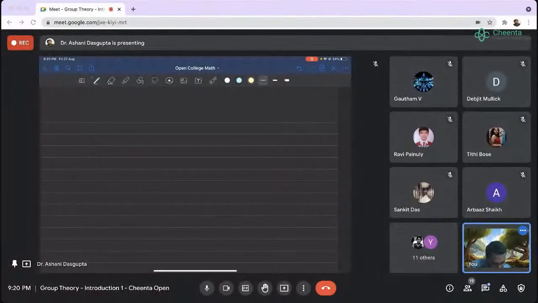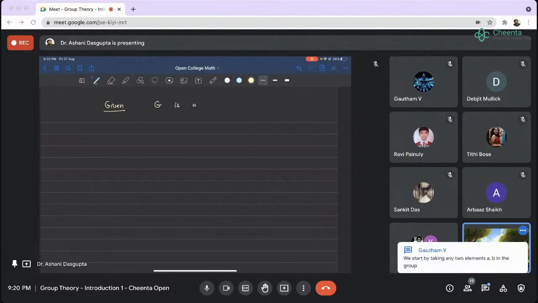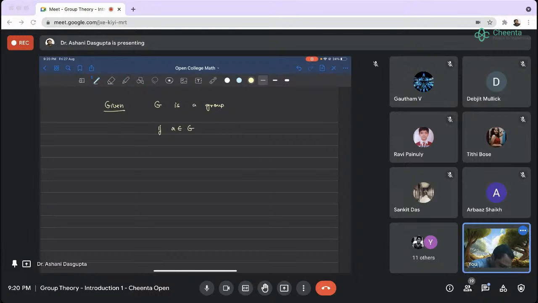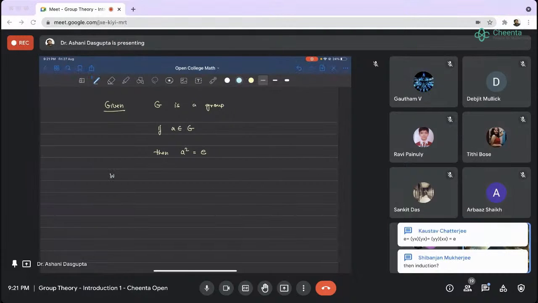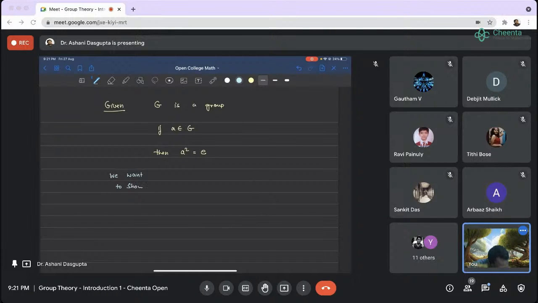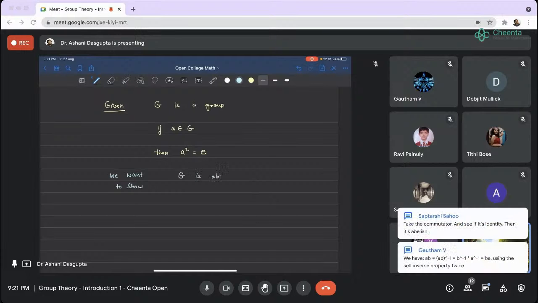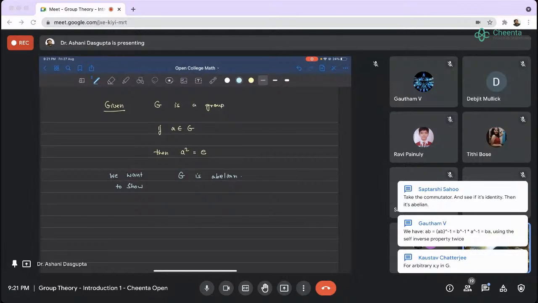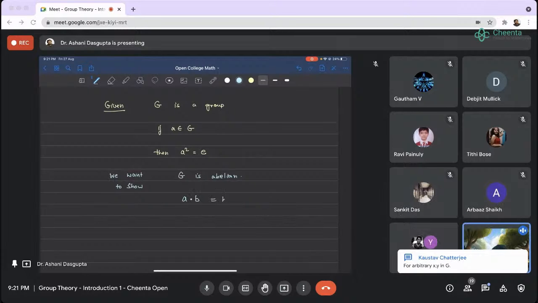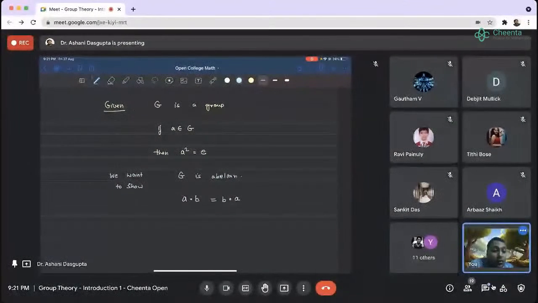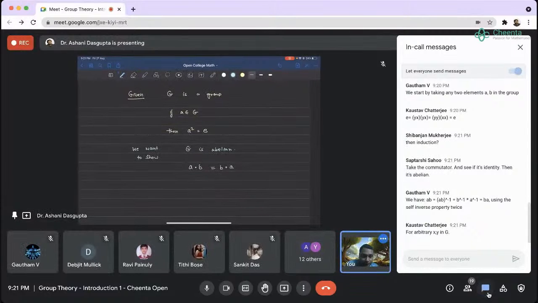Okay. So the given data is this, that G is a group, and if A is in G, then A square is equal to identity. That is given. What do we want to show? We want to show that G is abelian. What does that mean? It means that A star B is equal to B star A for any two elements in that group, right?